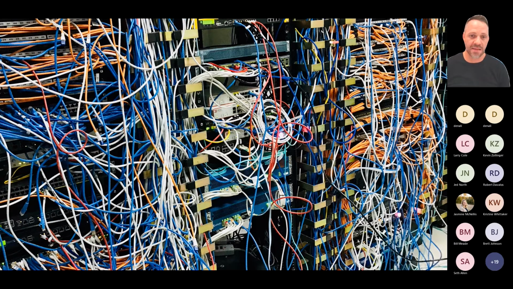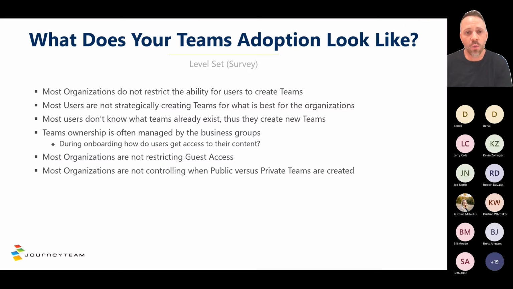And so we want to eliminate that and focus on getting the right information to the right people. Now, what a common Teams adoption looks like, if I had to summarize this, based upon our experience, is, most organizations don't restrict the ability for users to create teams. So we've offset the responsibility of teams creation and classification to the user base.